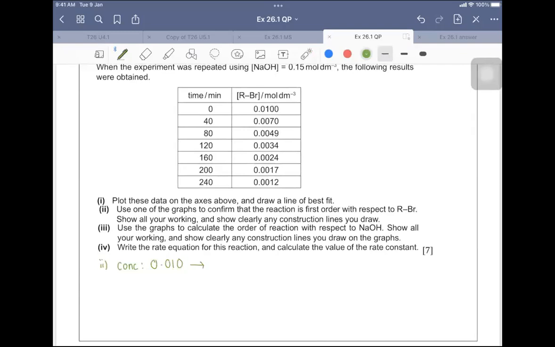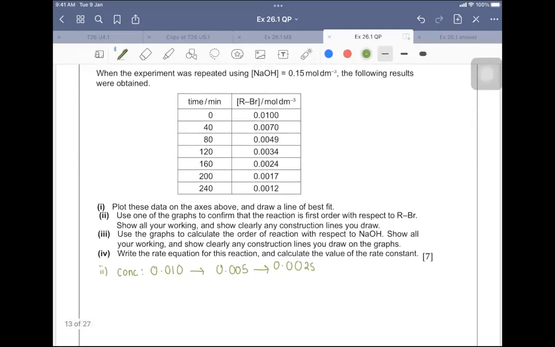Half of that concentration is 0.005, and half of that concentration again is 0.0025. Two successive half-lives is fine.